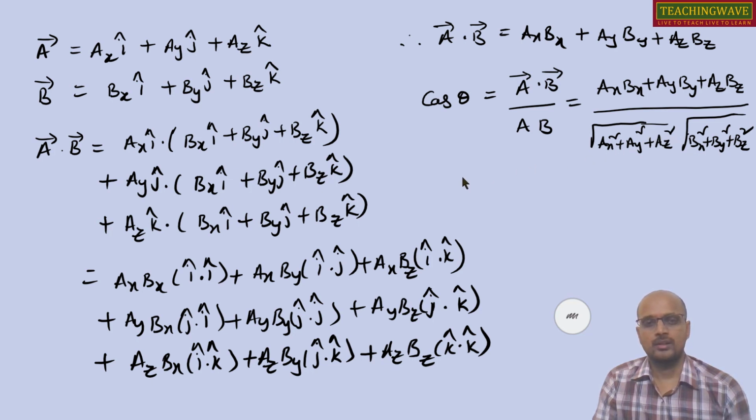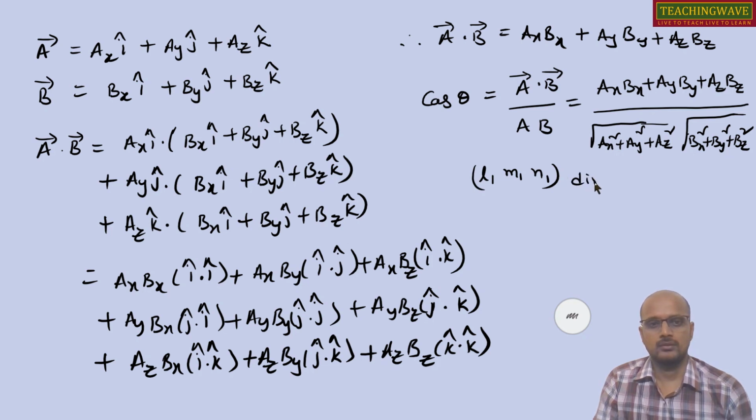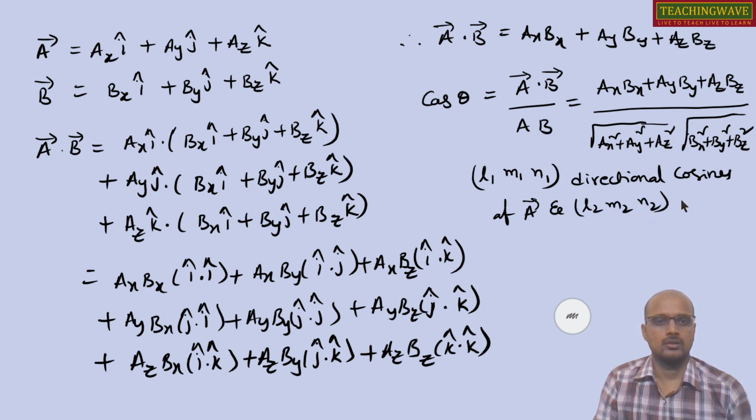In a similar manner, let us take l1, m1, n1 as the directional cosines of a bar, and l2, m2, n2 as the directional cosines of b bar vector.